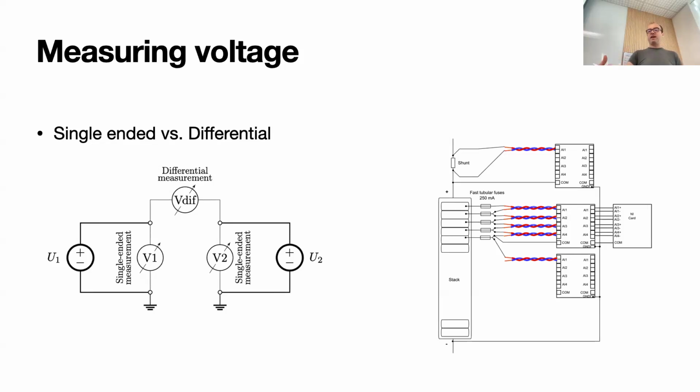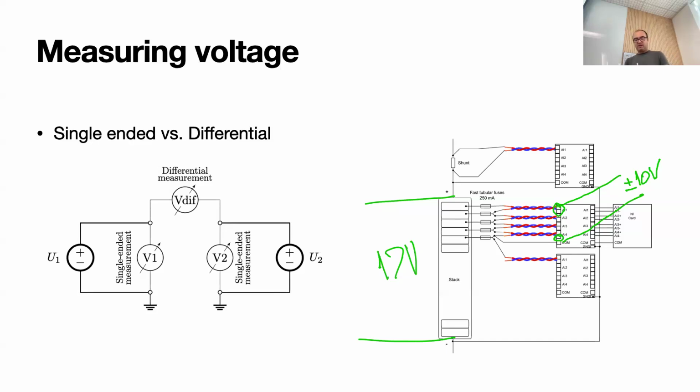So the one that we have here in Dijon says that the voltage level on the first channel and the voltage level on the second channel must not be more than plus minus 10 volts apart. And we're saying, okay, the voltage of the stack is 17 volts, so everything's fine.